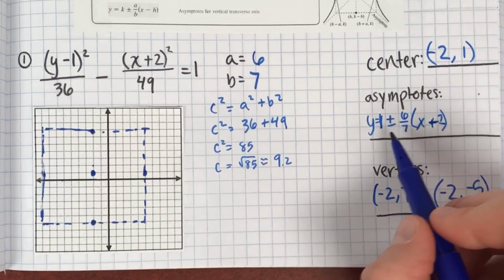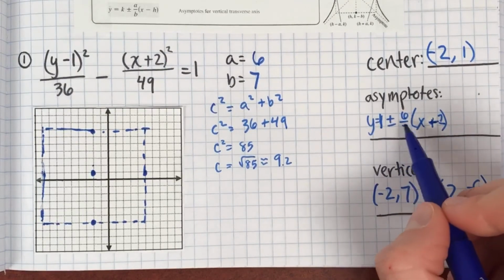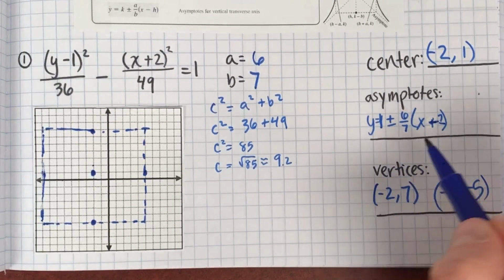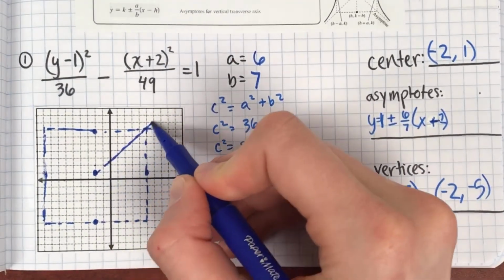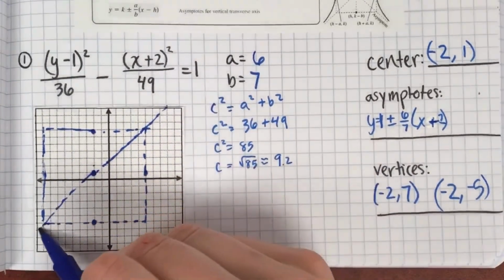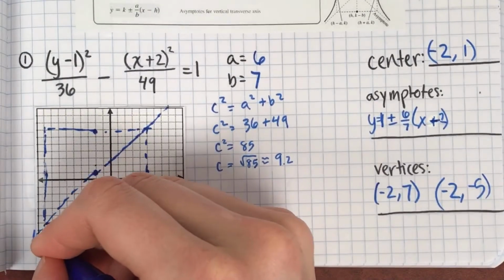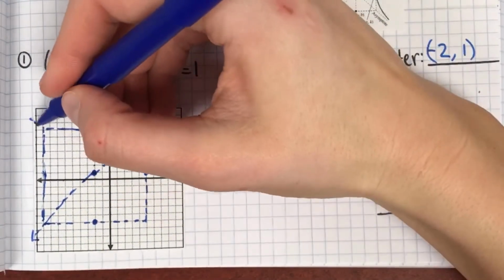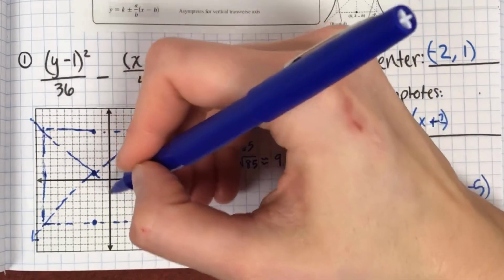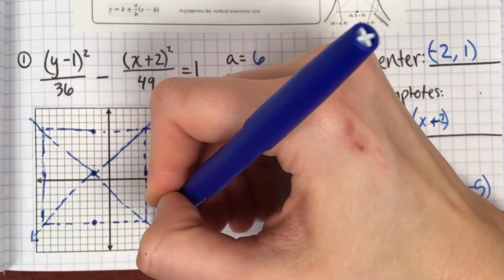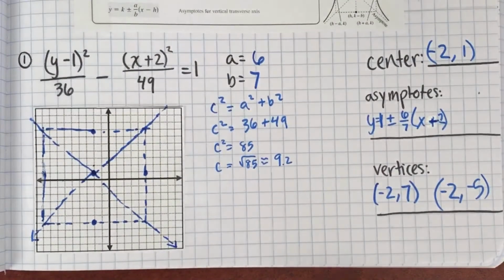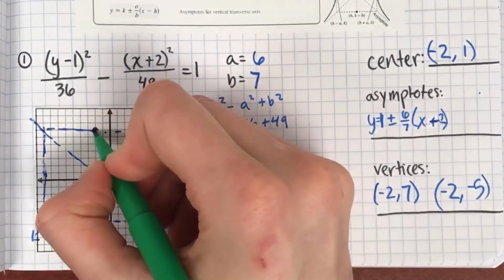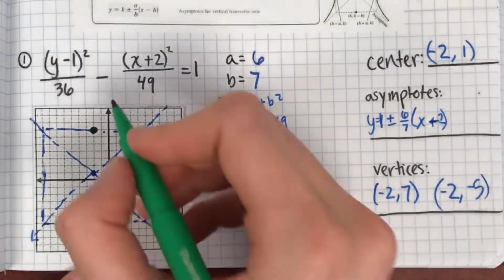Now the reason I didn't graph this is because I know that this graph is actually going to pass through these corners of our box. So you can save yourself some time trying to put that into slope-intercept form, and you can just graph your line like so. And now I know that my hyperbola is going to pass through my vertices.